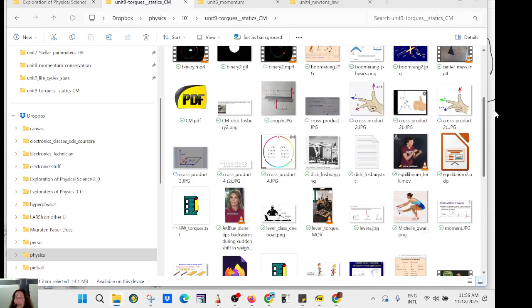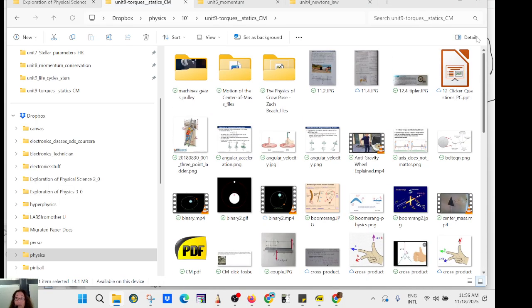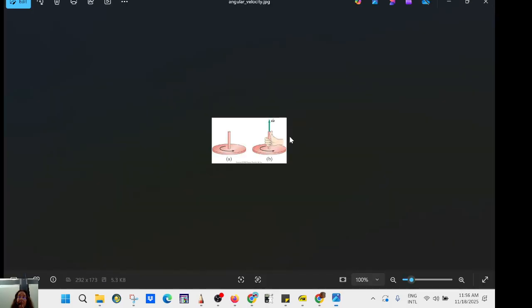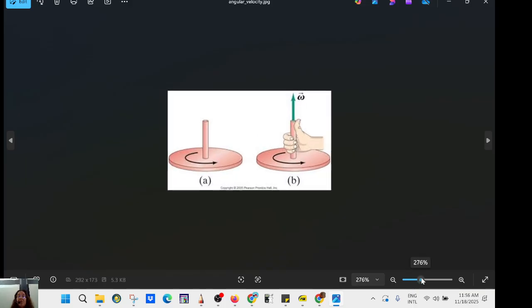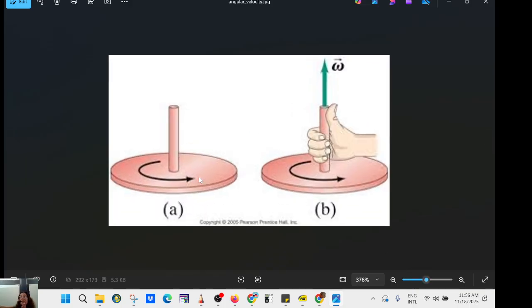It's a vector. So I don't know if I have a picture here. Here we have one angular velocity. I should say angular velocity, not angular speed. If it's spinning this way, you take your right hand and the thumb will give you the direction of that angular velocity. Are you with me? It's going to be very useful when you want to understand gyroscope and angular momentum, spin momentum.